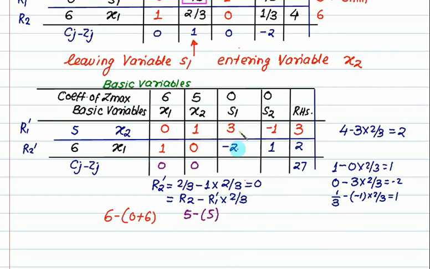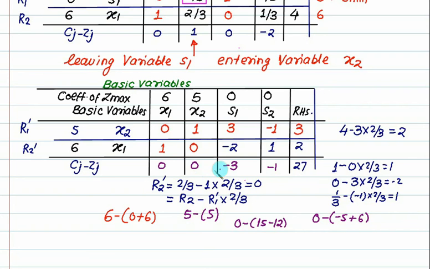This number is 0. Minus 5 into 3, 15, 6 into minus 2, minus 12. This number is 3, and this number is minus 3. Correct? Then the last number. This one is 0, minus 6, 5 into minus 1, minus 5, 6 into 1, plus 6. This is plus 1, minus 1.